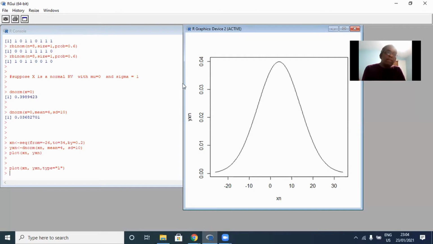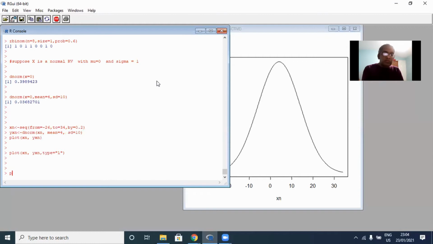Another thing for normal, if you use the command pnorm, that will compute the CDF of the normal. For example, this command here will compute the CDF of a normal variable with mu equal to 4 and sigma equal to 10.